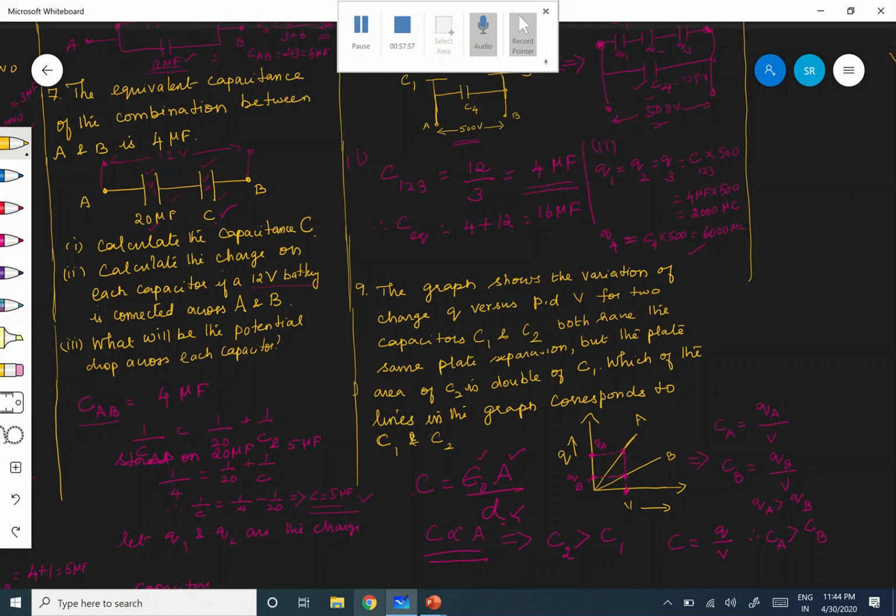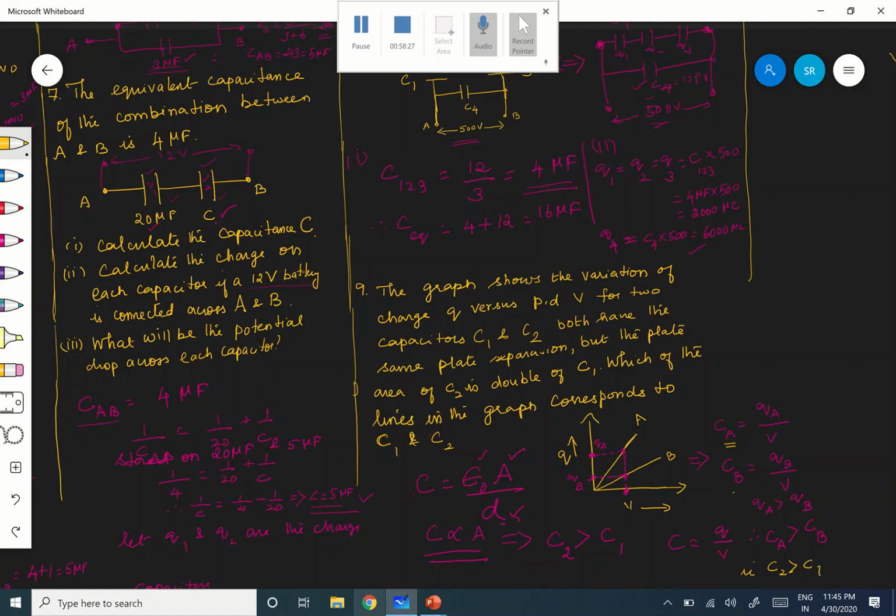Okay, so I will write, therefore, which is more here? This is QA by V, it is CA and CB. Therefore, CA is more than CB, which means, out of these, C2 is more than C1.